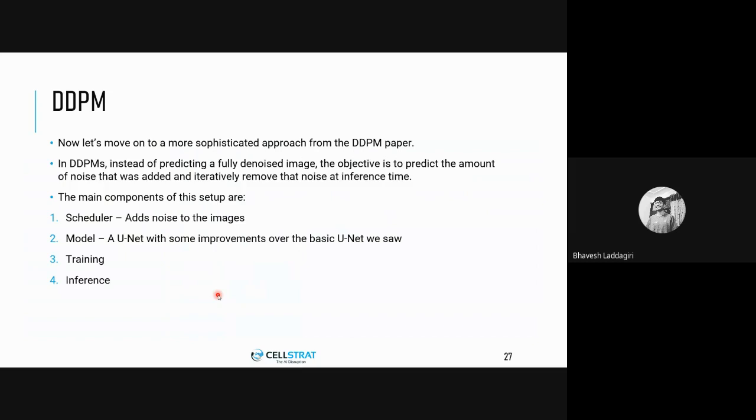There are multiple ways to add noise to the image and multiple ways to remove noise. The scheduler's job is to add the noise, and also, when the noise is predicted by the model, use that noise to remove it. It doesn't just do a simple addition or subtraction; there is a process to it. DDPM has a specific scheduler, which we'll talk about in the next slide. Apart from that, we have a model, a UNet, with some improvements over the basic UNet that we saw before, and then training and inference.